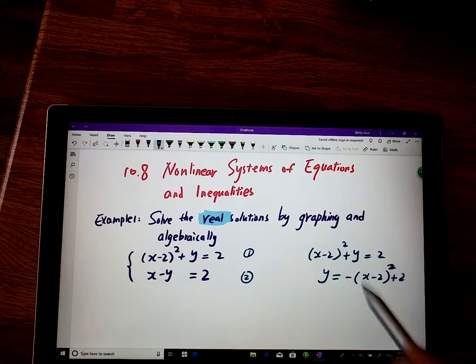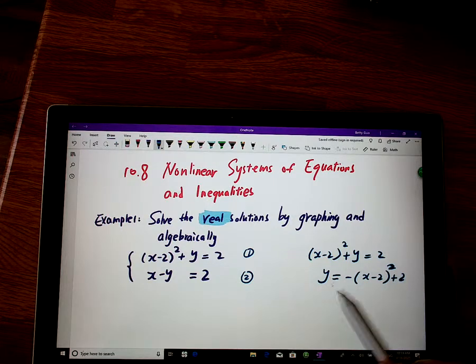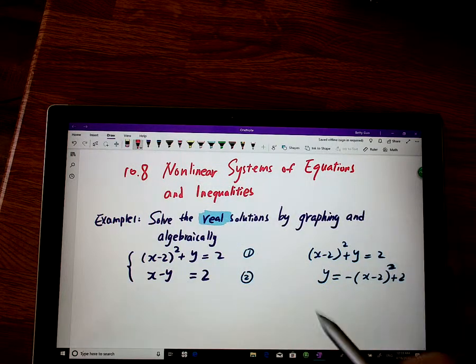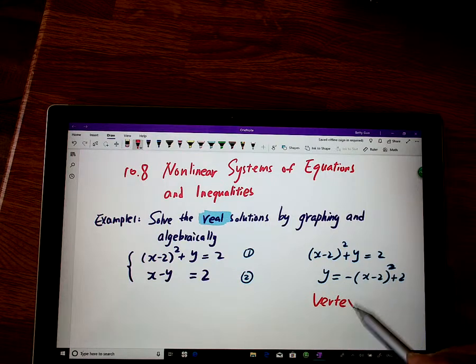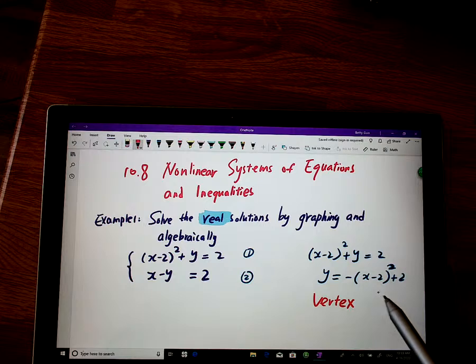Of course, if you FOIL, you would have a quadratic function here. But we don't have to, because the form of the function is even better for us to solve the system, because this function is a quadratic function in vertex form. Do you guys remember that? Vertex form. Yes, the graph of the quadratic function is a parabola.